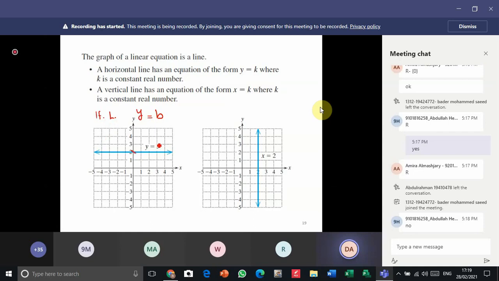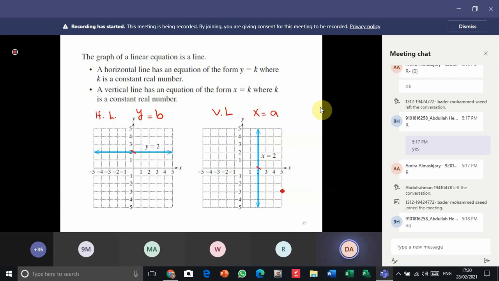Y equals 2 because the horizontal line intersects at 2. If we have a vertical line, it is always x equals a. Vertical, x equals a number. Horizontal, y equals a number. Okay?